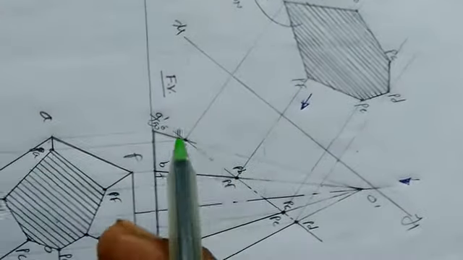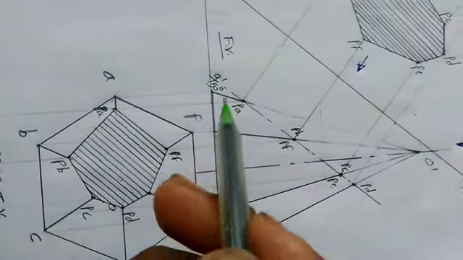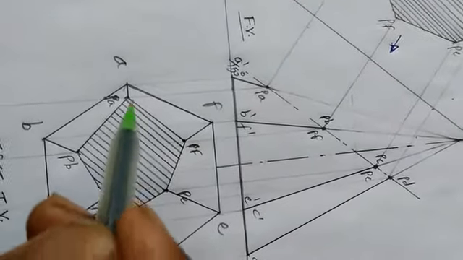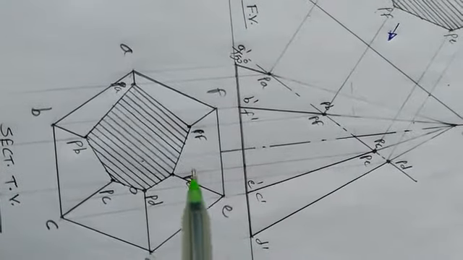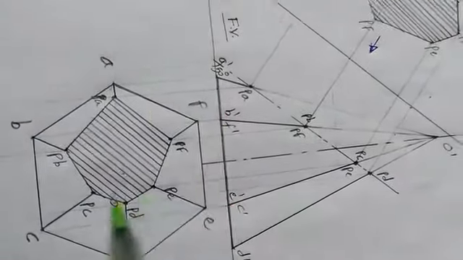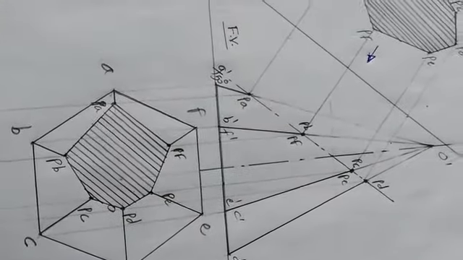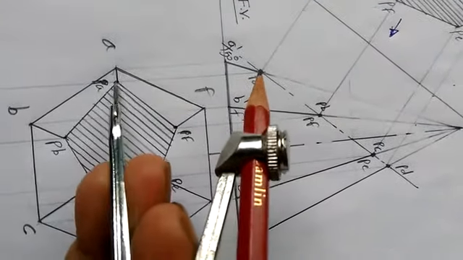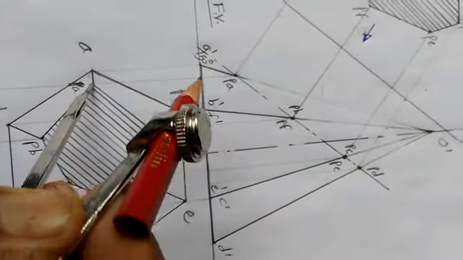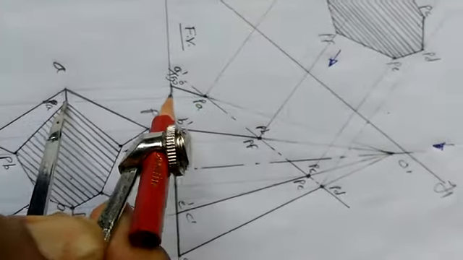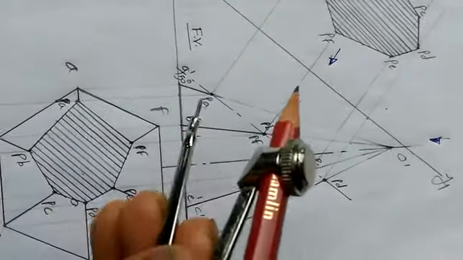Okay, so just like a real problem, now you have to pick the distances of PA, PB, PC, PD, PE and PF below the XY line, below HRL, by compass. In this way, PA up to HRL. Now you have to follow these projectors.